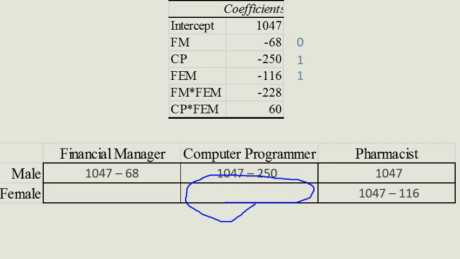They have 1s for these two indicator variables. So we finally get a non-zero interaction, specifically the interaction between computer programmer and female. Then this gives us the expected salary for female computer programmers.